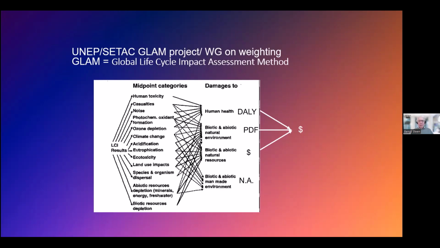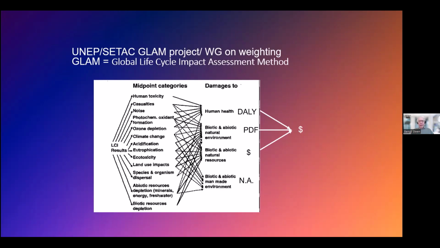These damage categories: human health is expressed in DALY, disability adjusted life years, and biodiversity is PDF, potentially disappeared fraction of species. There's no total agreement on this issue, but I would say most people work with this type of approach.